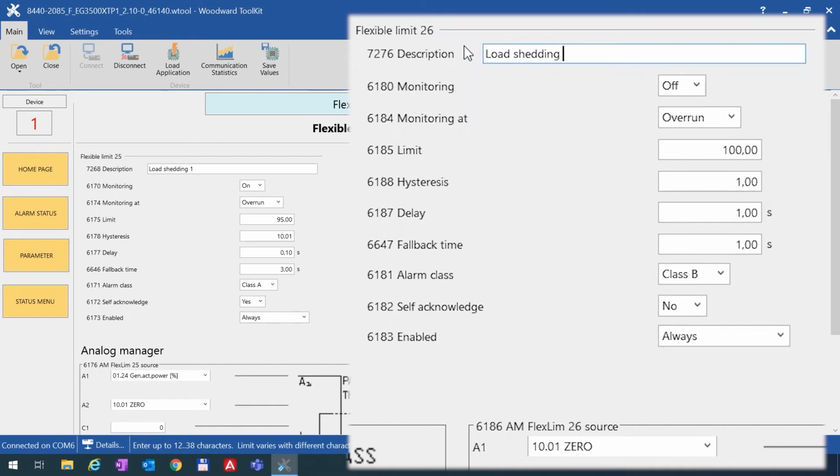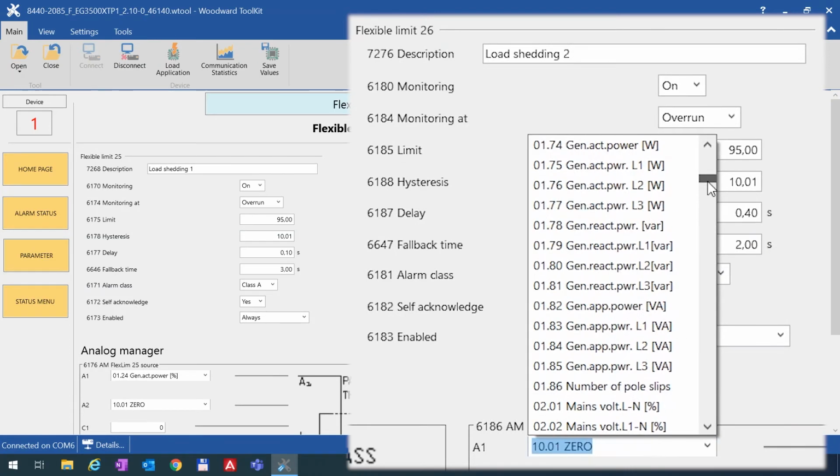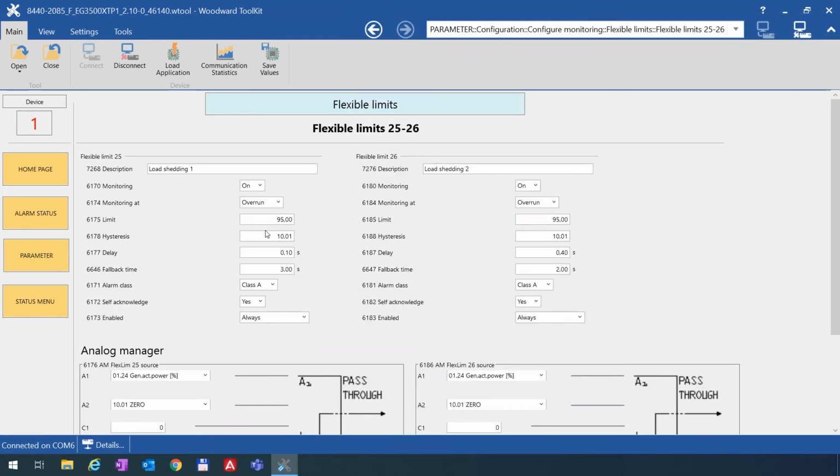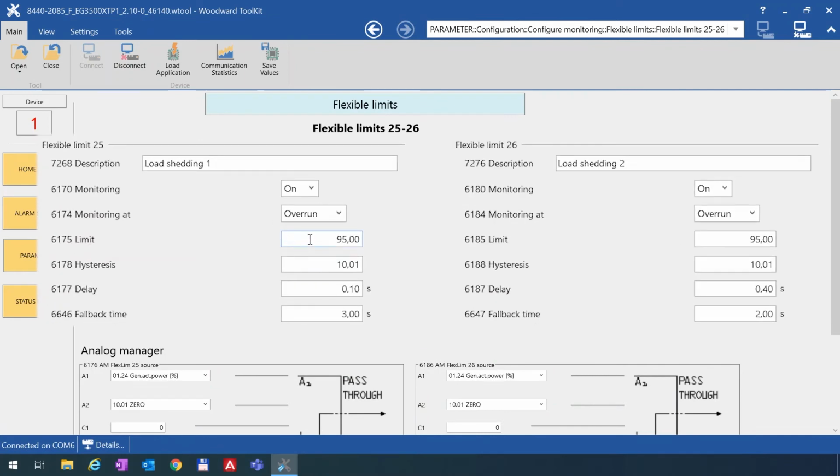Okay, now we set the second flexible limit, but with different switching points. So, the first load shed point will be activated if we have load over 95% for 0.1 seconds.